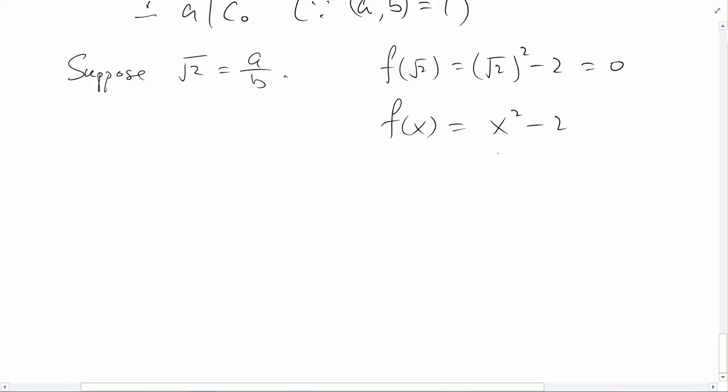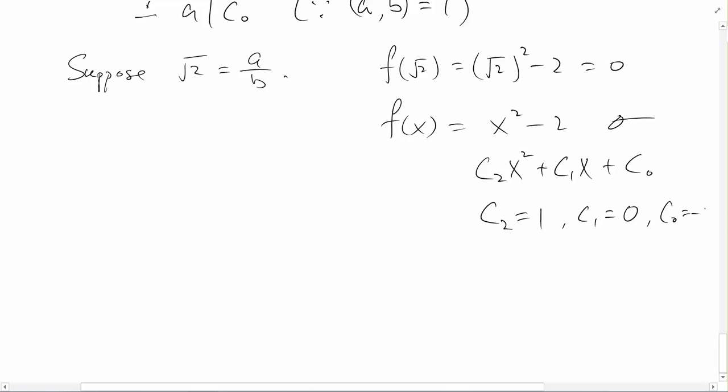And then we can compare. Because the degree of this function is 2, we can compare this polynomial function with C2 times x squared plus C1 times x plus C naught. By comparing the coefficients, you have that C2 equals 1, C1 equals 0, and C naught is equal to minus 2.